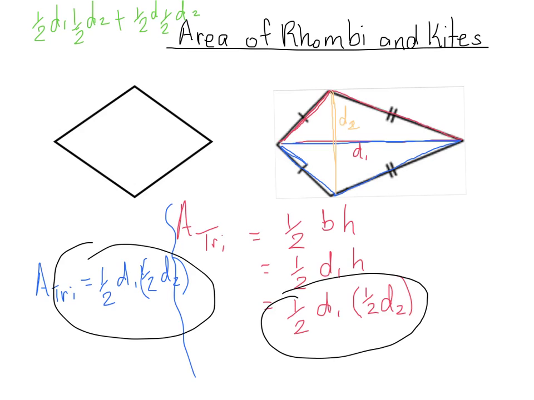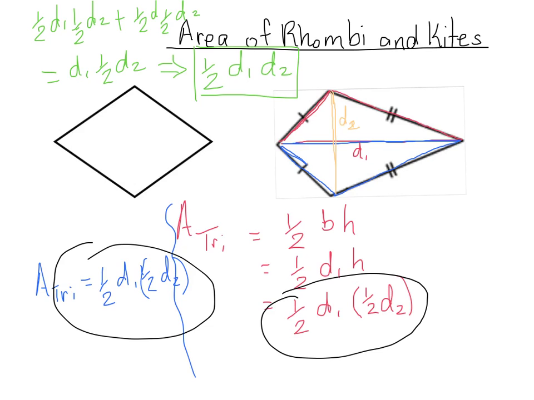So if we add that, we should get a whole diagonal 1 times half diagonal 2. All right, that looks weird. So of course we can rearrange it a bit and we get a half diagonal 1, diagonal 2, and that's how you figure out the area of a kite or a rhombus.